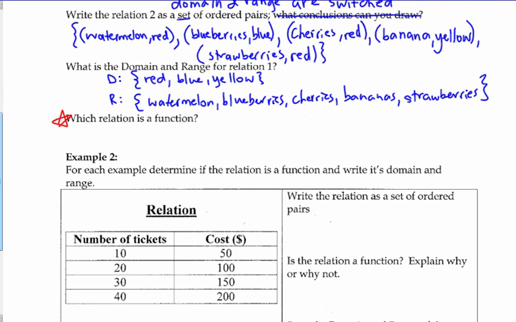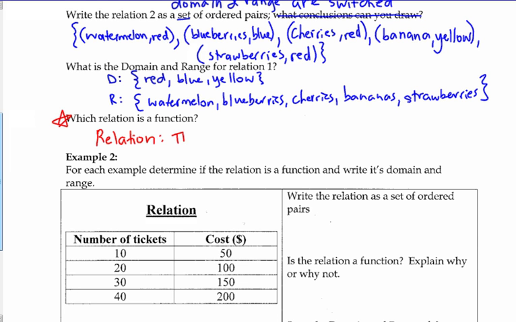Okay, so which one's a function? Relation 2. And why is it? Because it's like a vending machine, okay? Let's expand on why it's like a vending machine. There's only one output for each input.